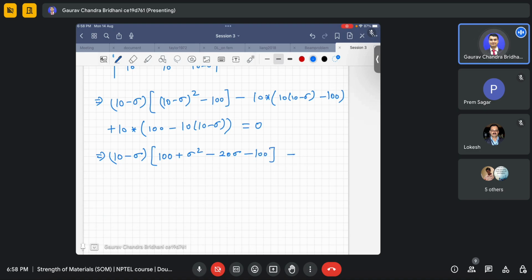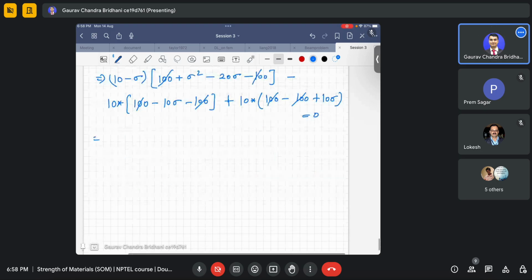This is the first term. Then minus 10 into (100 minus 10 sigma minus 100), and plus 10 into (100 minus 100 plus 10 sigma) equals 0. You can see that the terms cancel out.